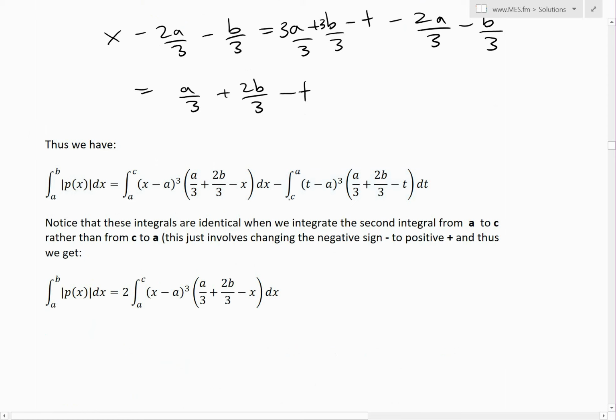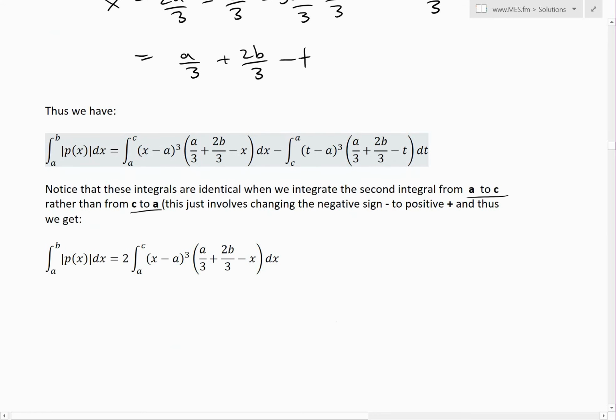It's the same thing, except these are just flips. So notice that these integrals are identical when we integrate the second integrand from a to c rather than from c to a. This just involves changing the negative sign to positive, so we just flip these around and add a positive. So when we flip it around, it becomes positive.